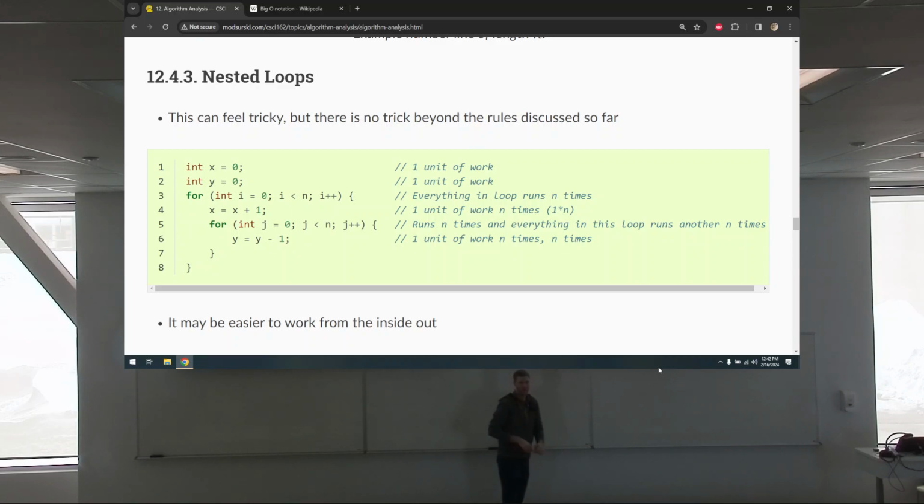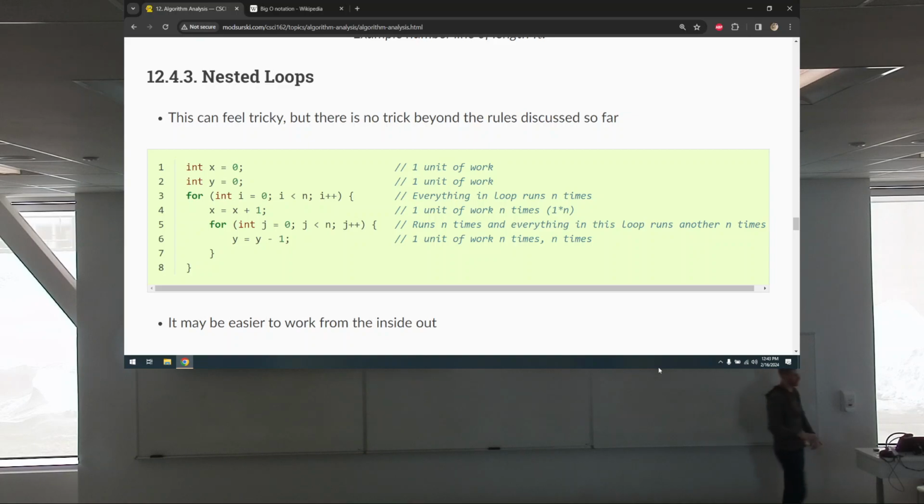So line 6 will run n times for every i increment. Exactly. But then the question is, how many times does that inside for loop actually run? Well, that whole for loop has to get run n times, and that whole for loop does n units of work. So if I have to do n units of work n times, that's n squared, right?